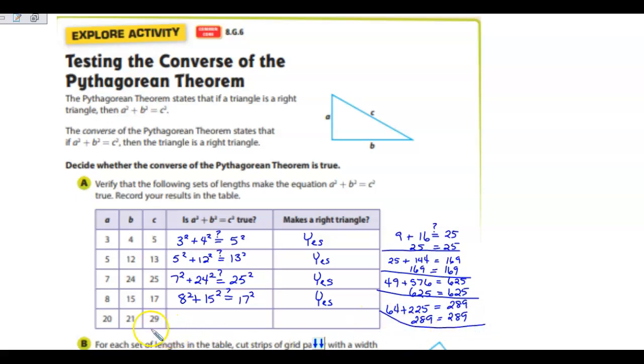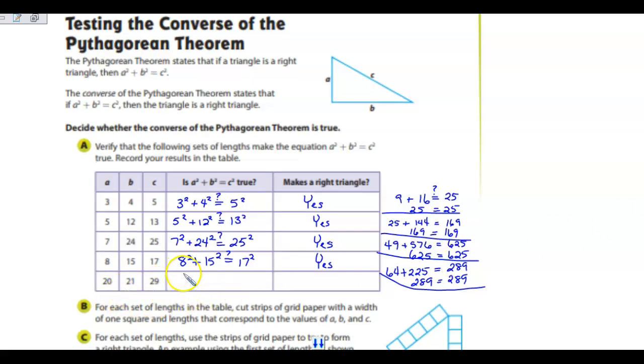The last one. We have a triangle with sides of 20, 21, and 29. So we have 20 squared, 21 squared, and we want to know, will it equal 29 squared? So 20 squared is 400, 21 squared is 441, and 29 squared is 841.